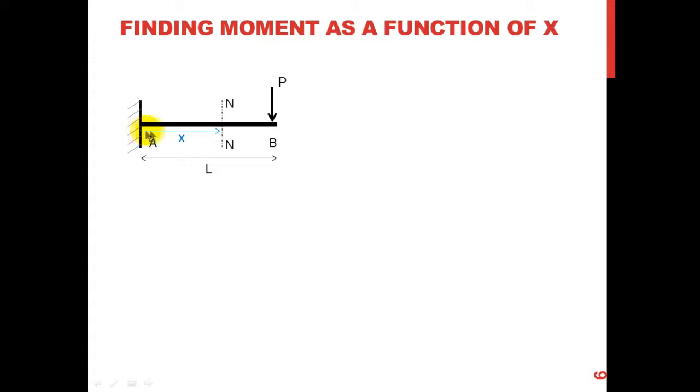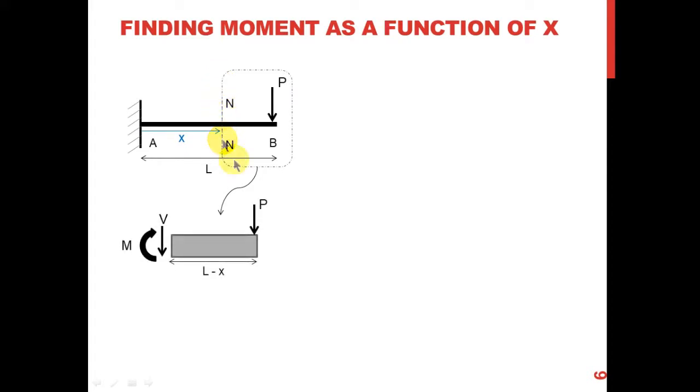First, we have to establish the axes. So I have the x-axis here and the v-axis, or the y-axis, here. It's up to you. I want to find the moment along this beam, so I'm going to take a cross section here, and if I zoom in a bit, I'm going to have this beam. You have to include the force there.